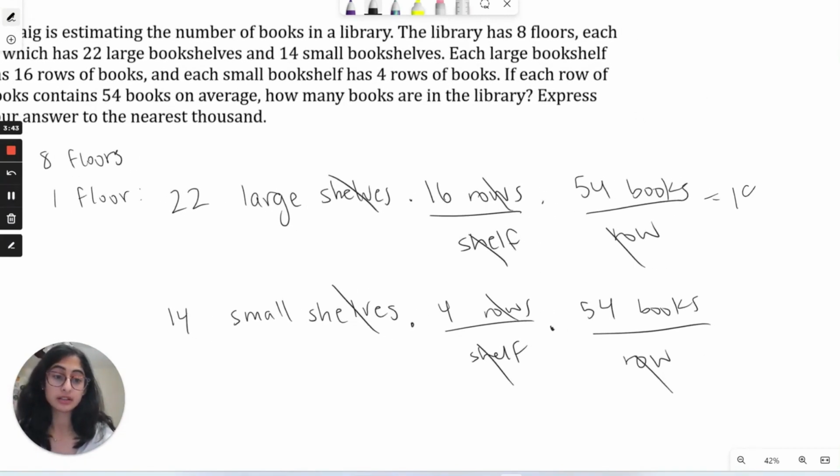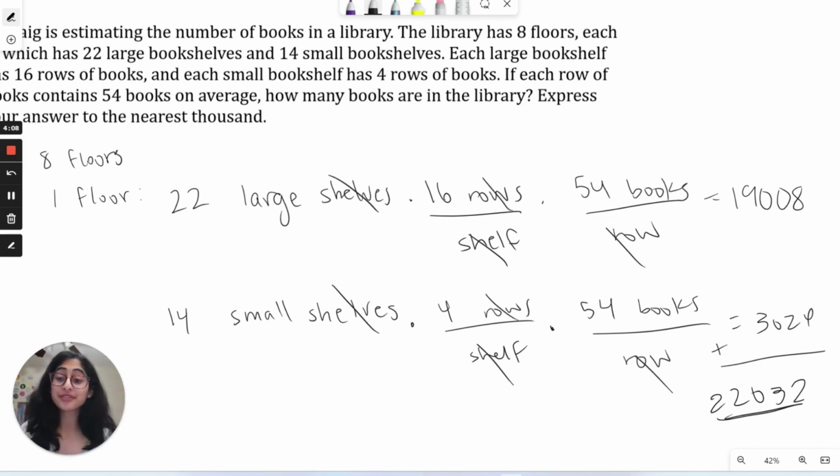And so on the small shelf, we're going to have 14 times 4 times 54, which is 3,024. So adding these two numbers up, we get that on one floor, there's a total of 22,032 books, okay? But there's not just one floor, there's 8 whole floors.